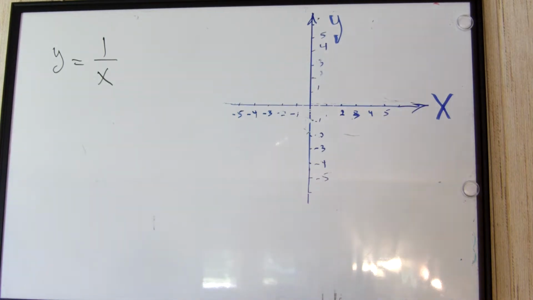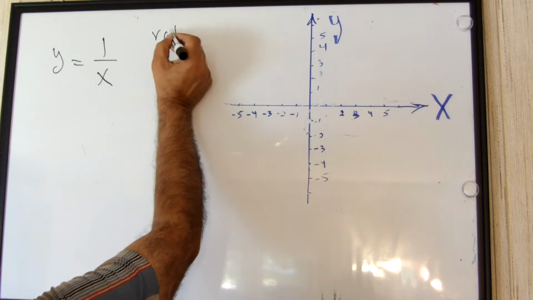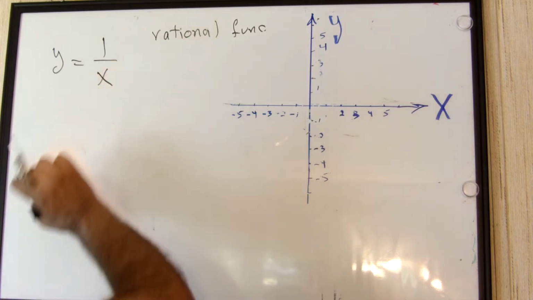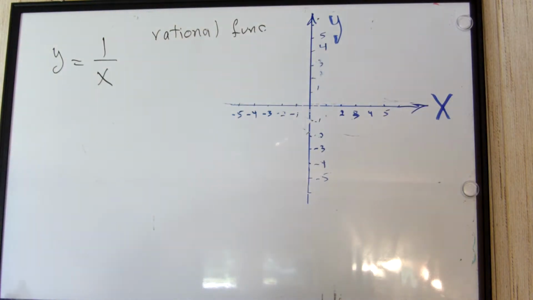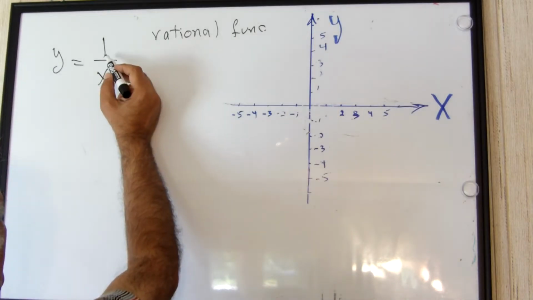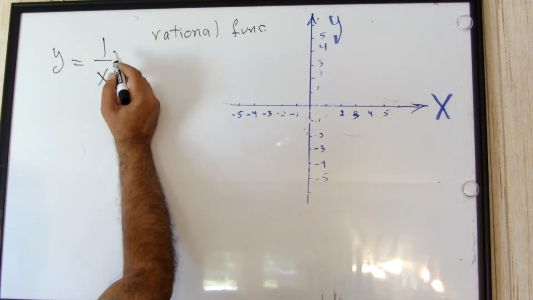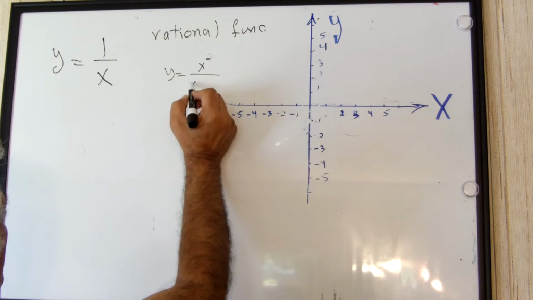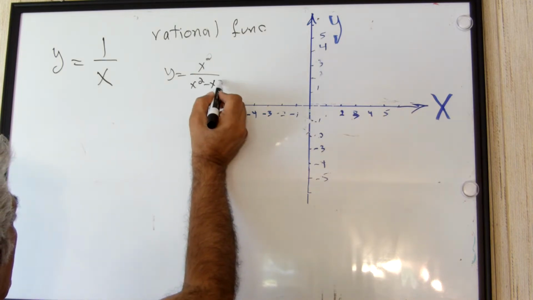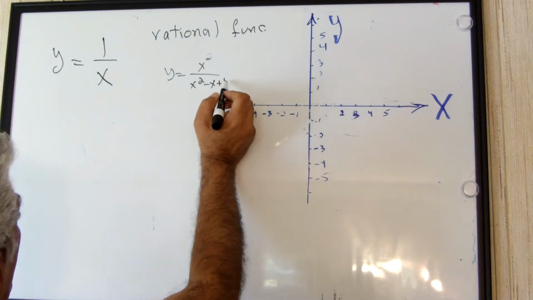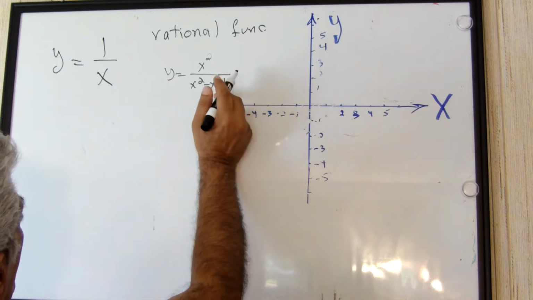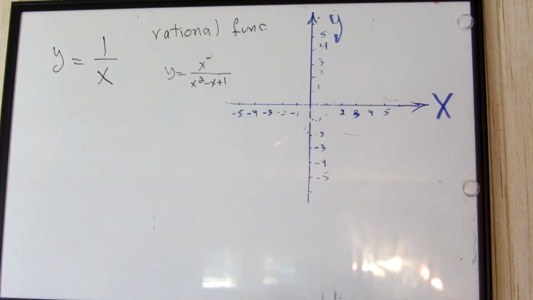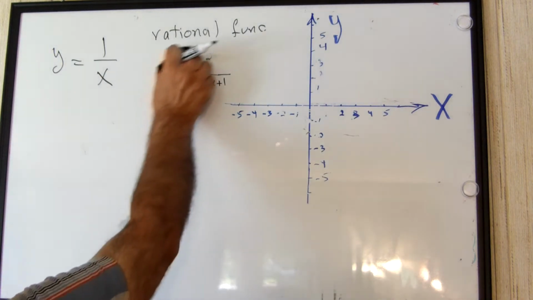A rational function is just a fraction where the top could be a number and the bottom a variable, or this could be x squared minus x plus whatever. You know, these are rational functions.